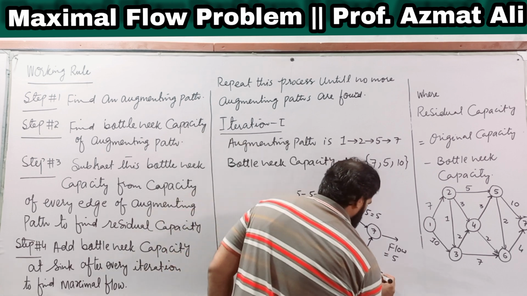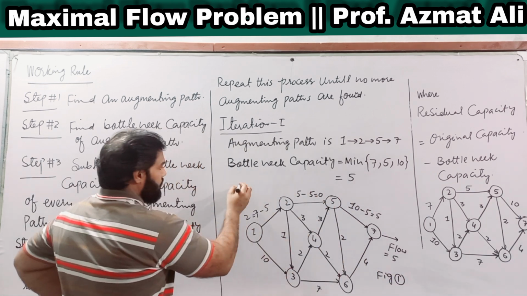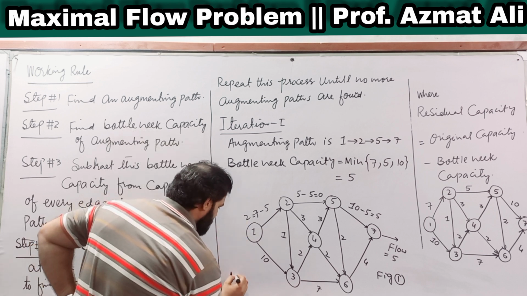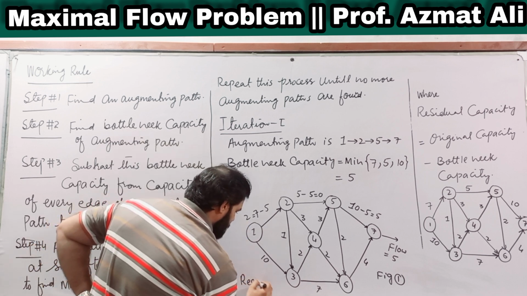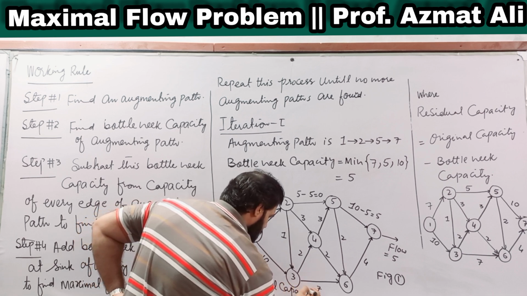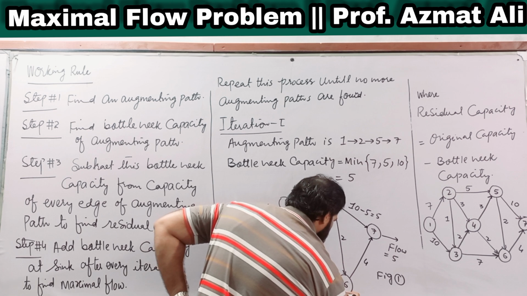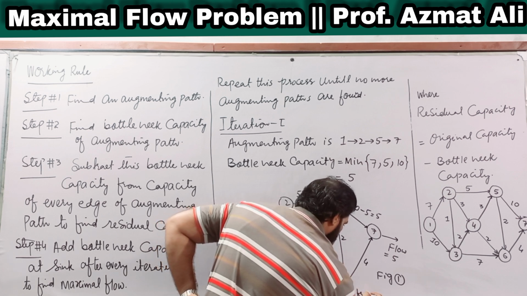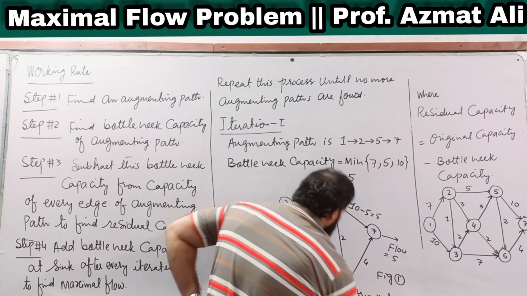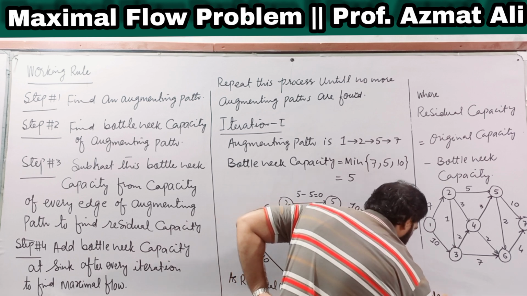This is figure 1, and you can write here: the residual capacity of the edge from node 2 to node 5 is 0.